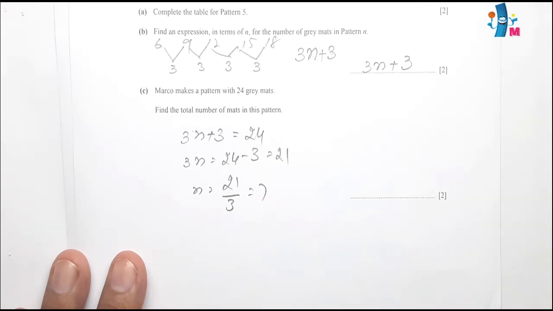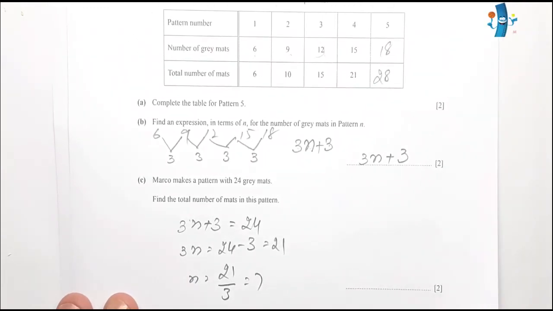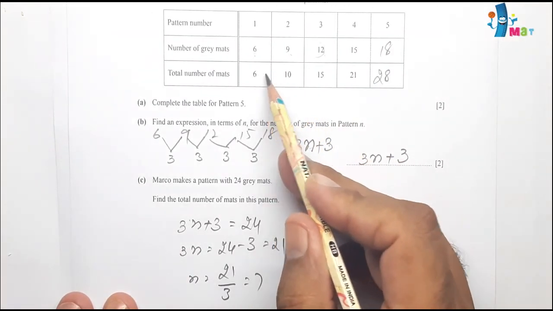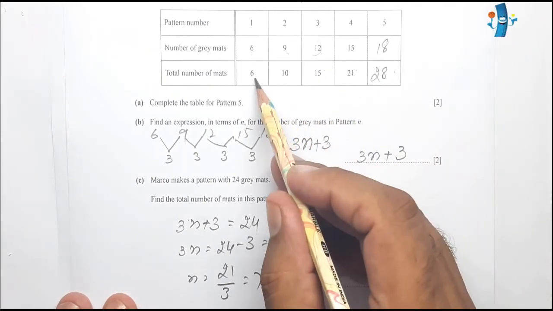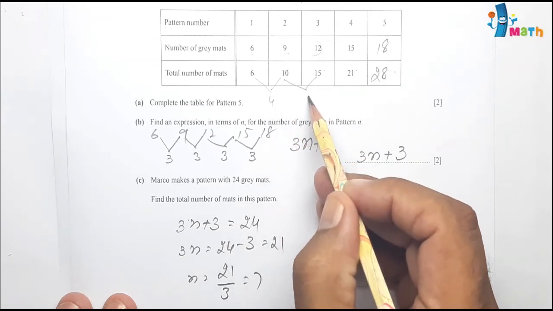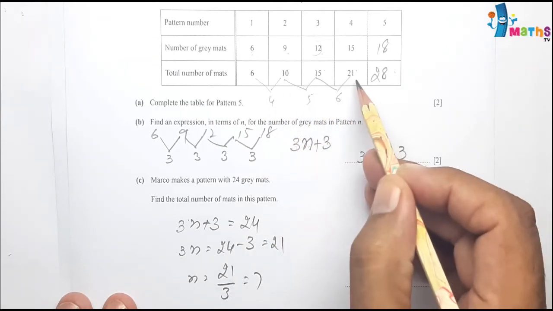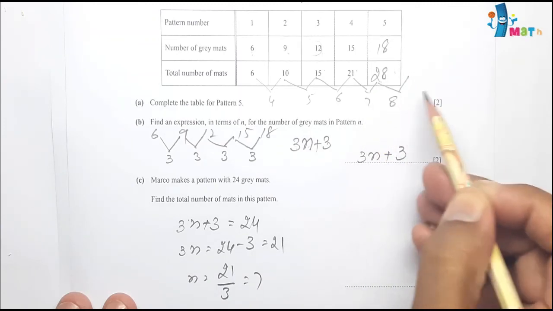Now for the 7th term, we will check the total number of mats. The total number of mats for 1, 2, 3, 4, 5th term is 28. And we know this difference. We can check, this is 4 and then 5, then this is 6, this is 7. So the next term difference will be 8.